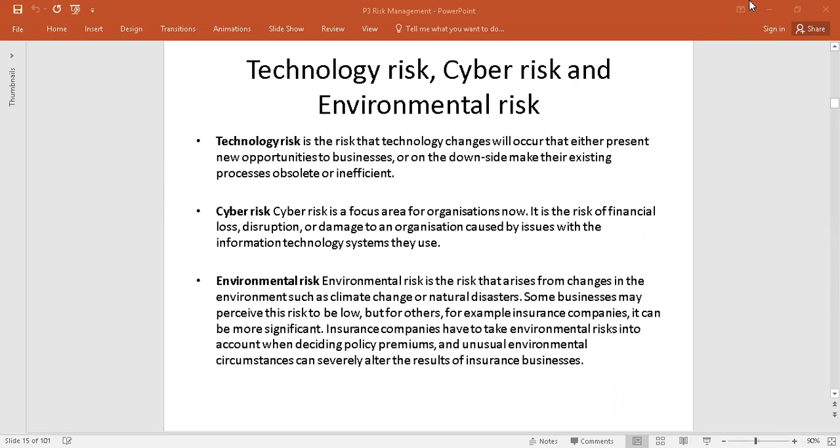The probability that such things would happen is very low. So generally, they go in for covering these things with insurance. So we also call them hazard risk. Any kind of risk that is insurable, we call hazard risk. So some businesses may perceive this risk to be low, but the probability of happening is low, and at that time there is some impact.